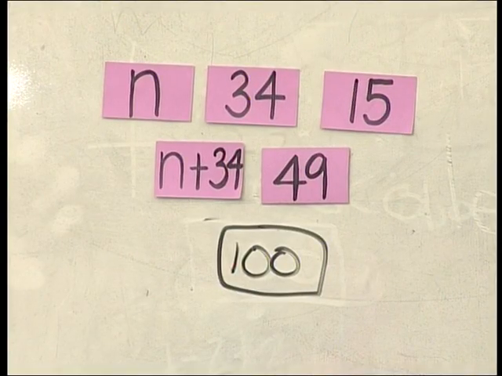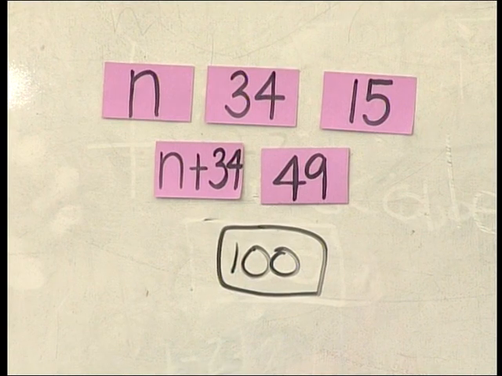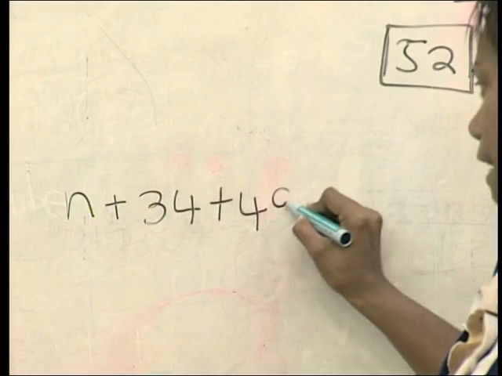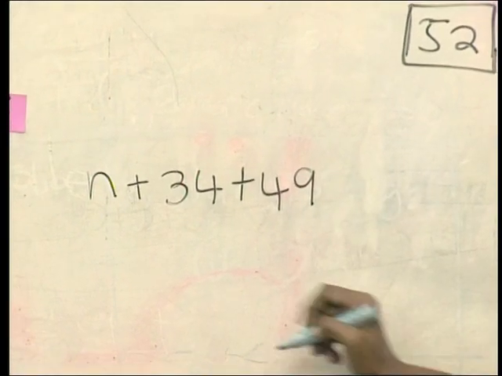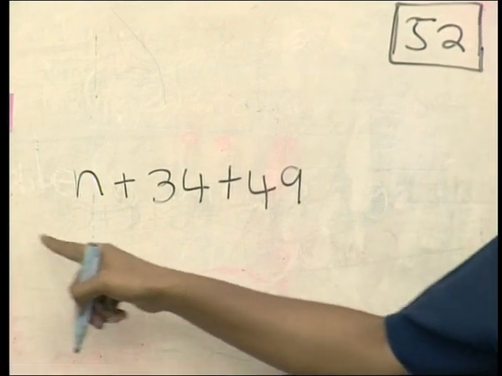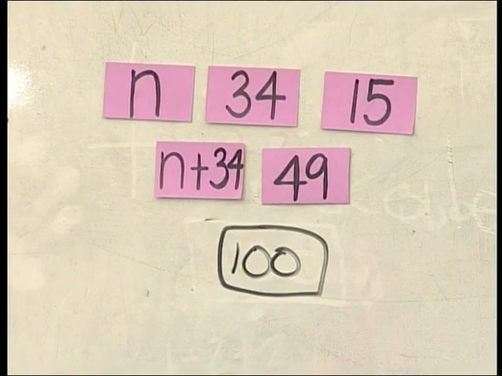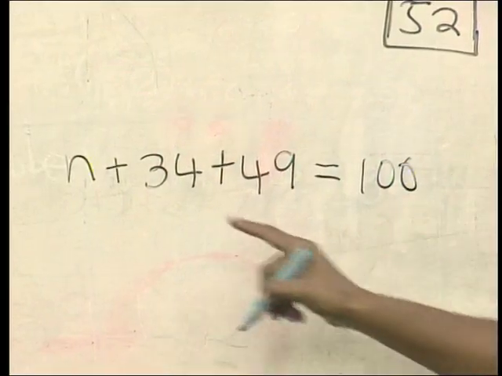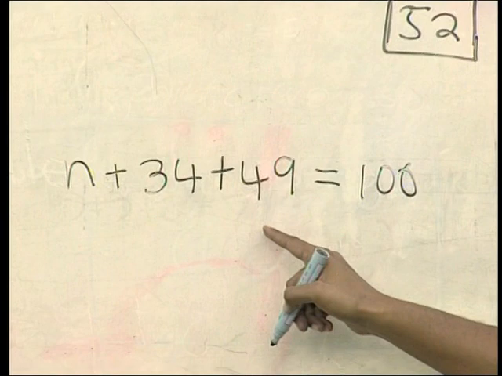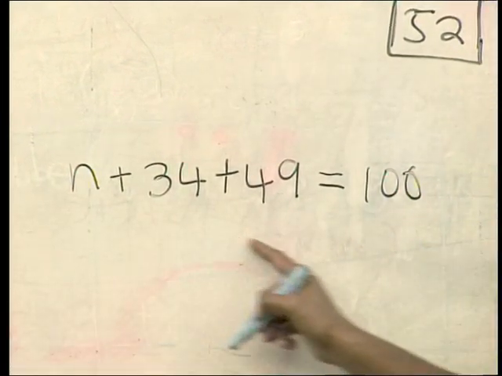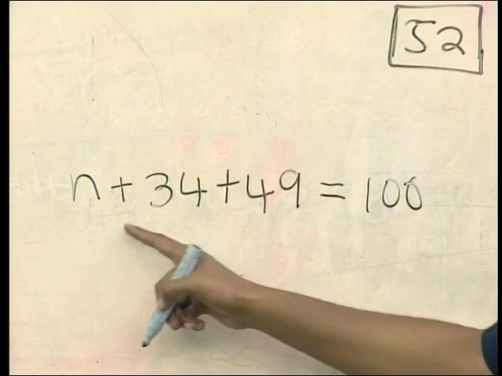N plus 34 plus 49, okay? Now remember that the total is 100. So you can say equals 100. N plus 34 plus 49 is equal to 100. Now what are you going to do the next step?